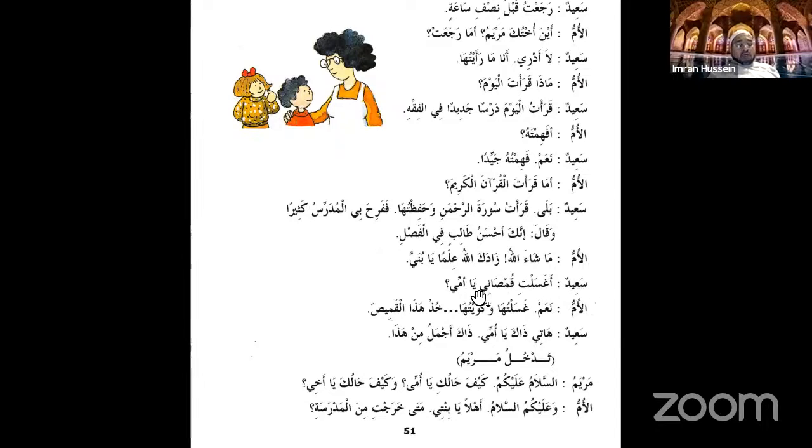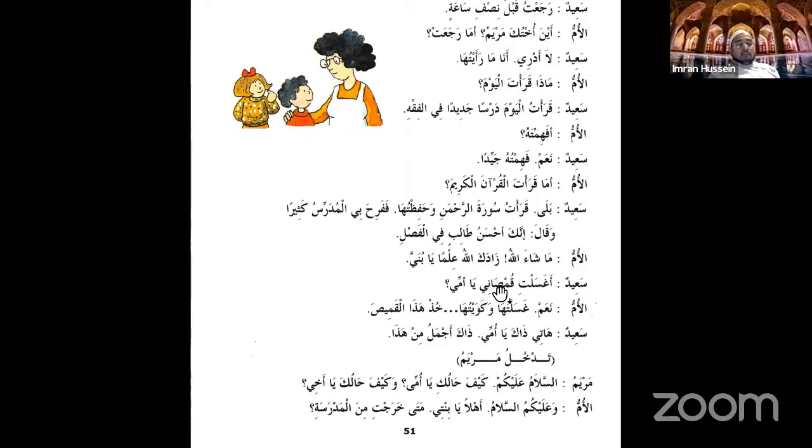Did you wash my shirts, O my mother? Yes, I washed them and ironed them. You know the word we read in the vocabulary? Kawa is he ironed, and kawaitu means I ironed, and we ironed is kawaina.